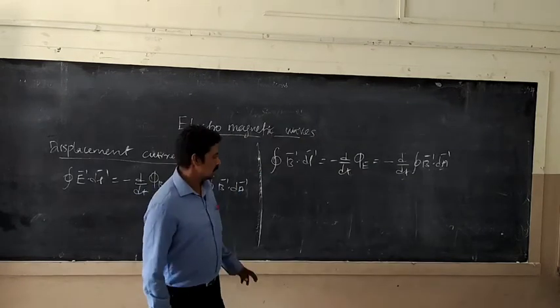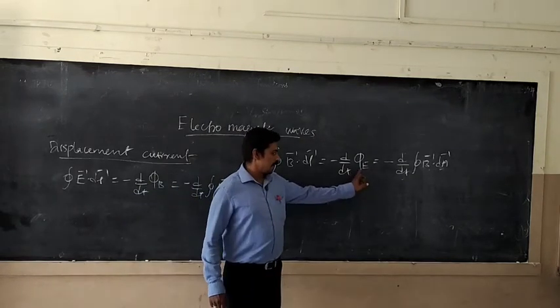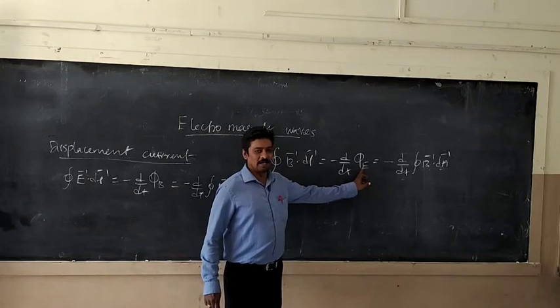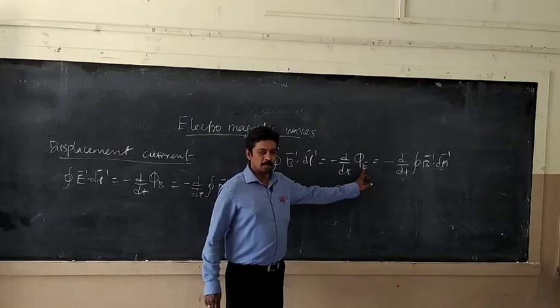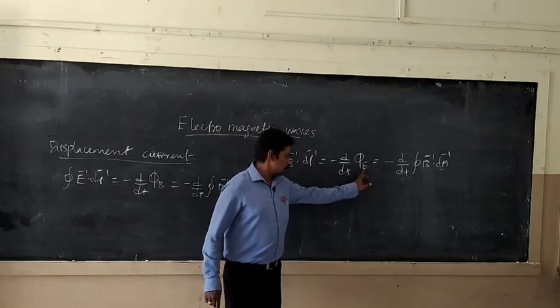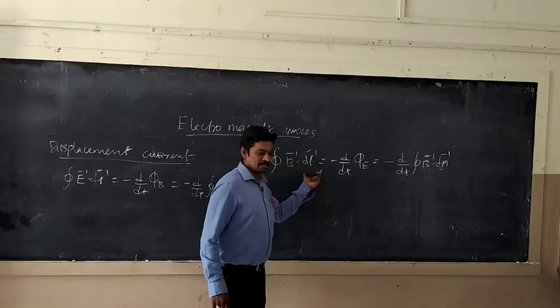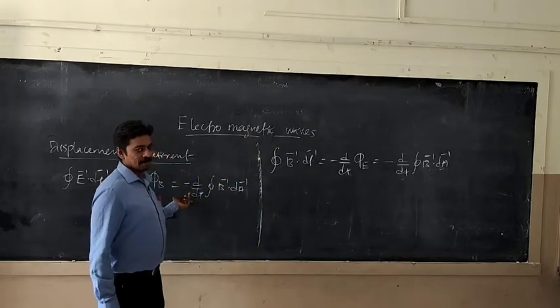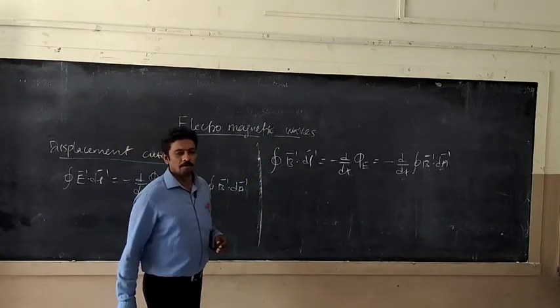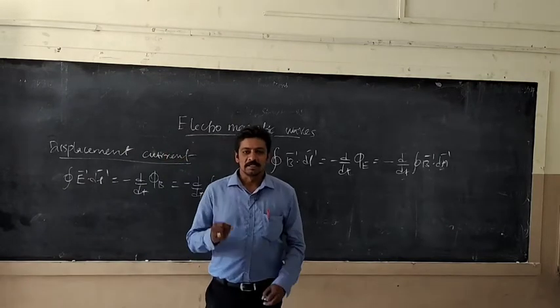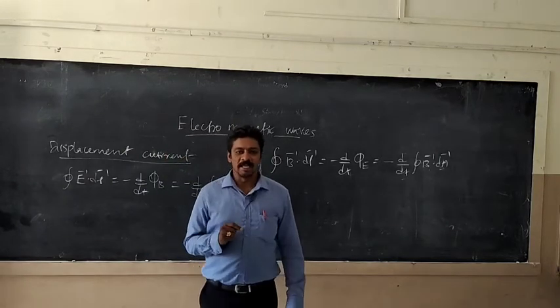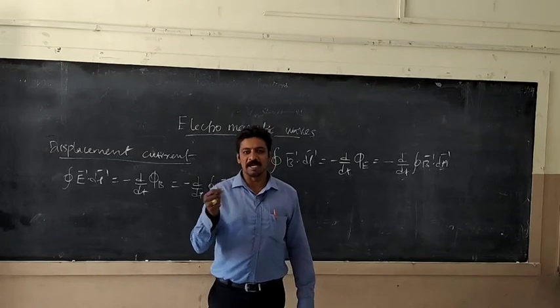That means a time varying electric field enclosed by the loop produces a magnetic field in the loop. So this is the converse of the previous derivative. Now we have to understand that a time varying electric field produces a magnetic field.